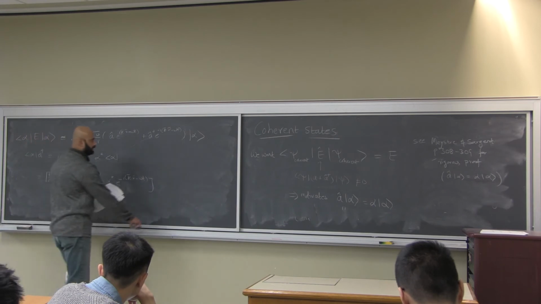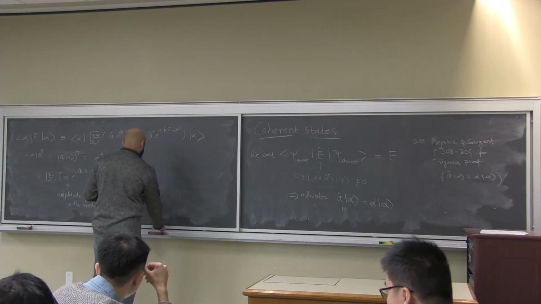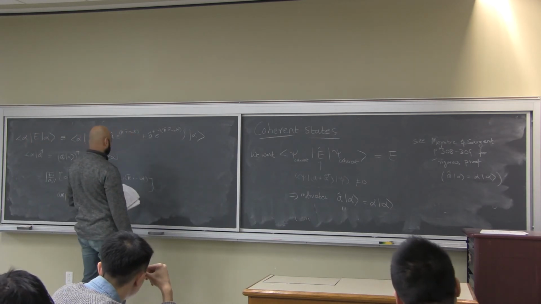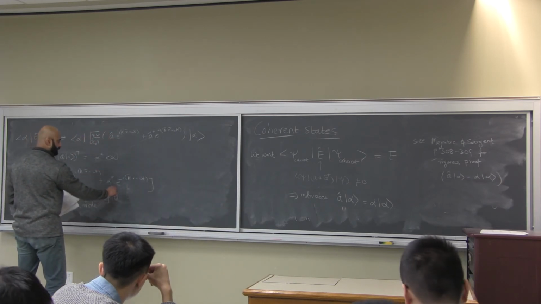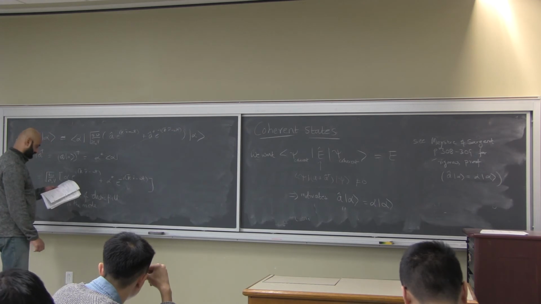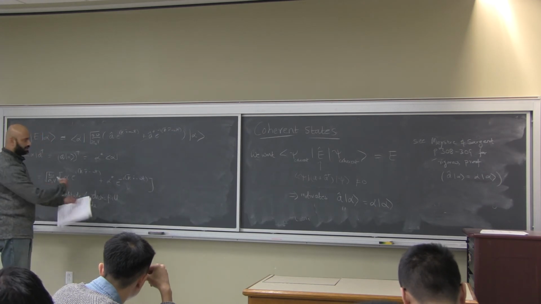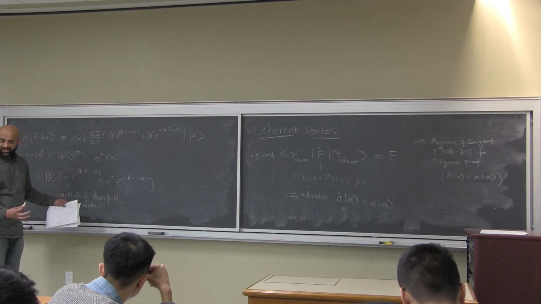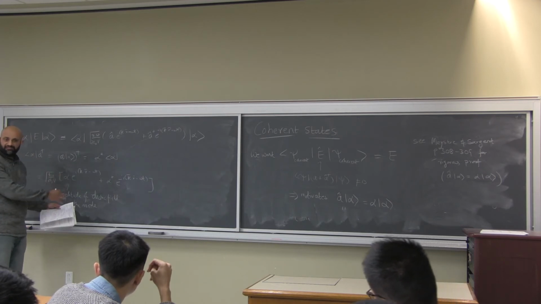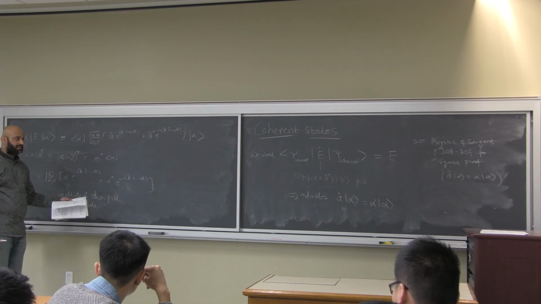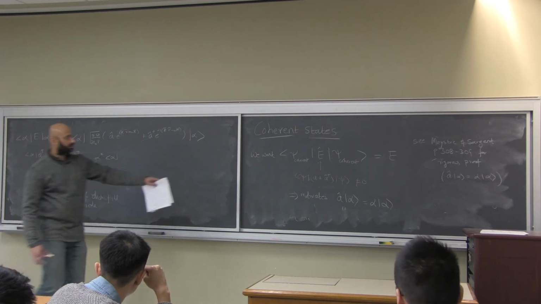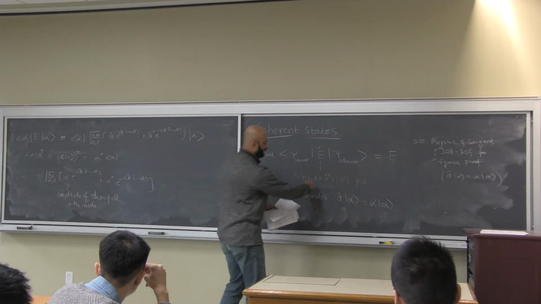So we can also look at something else which is interesting. Because we wrote this in terms of alpha e to the i k dot r and alpha star e to the minus i k dot r, I could have recombined that in terms of cosines and sines. I'll get an alpha plus alpha star, alpha minus alpha star, and then cosines and sines. But alpha plus alpha star is simply, again, A plus A dagger.